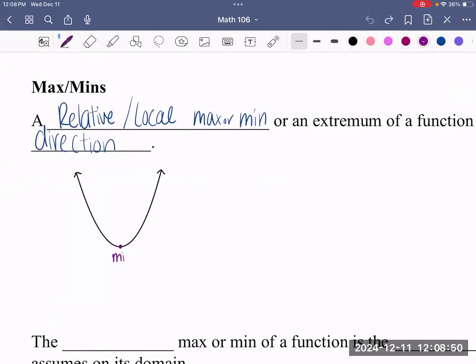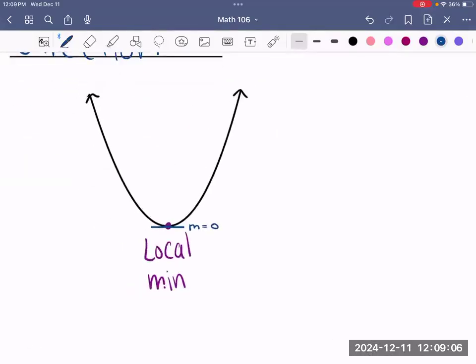And I should be specific, this is a local or relative minimum. So we know it's a minimum here because it's your lowest point, where again, your slope at this point is equal to 0. And we talked about there being a change in direction. So to the right-hand side, what is your graph doing overall?